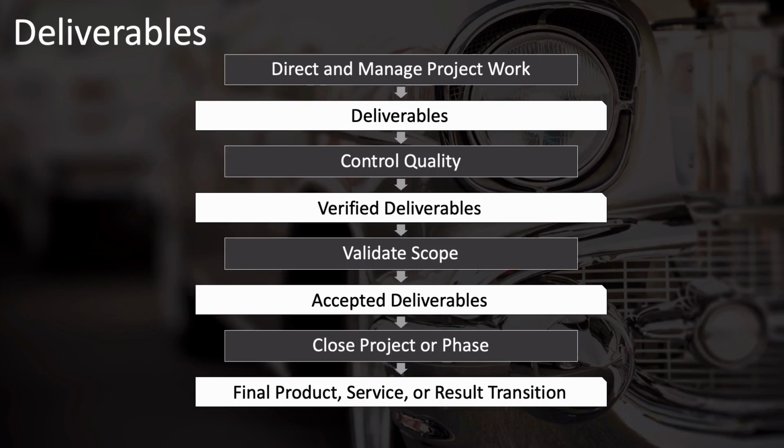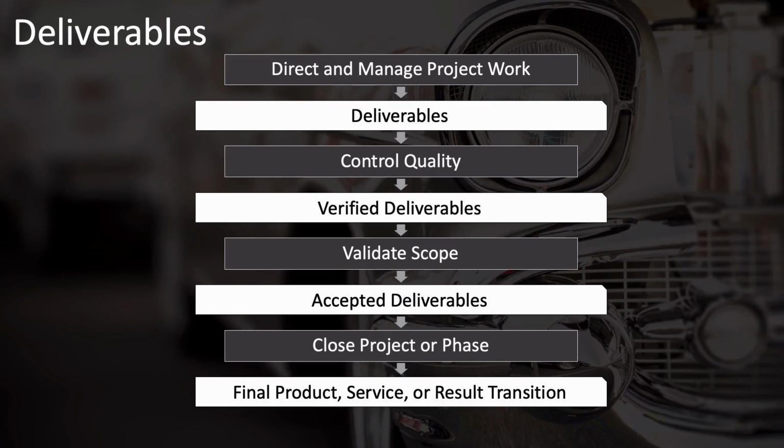The Direct and Manage Project Work process is the one and only process that has as its output deliverables. Those deliverables then go to the control quality process where they're compared against the quality requirements for the project. And if they pass those requirements, then they become verified deliverables.